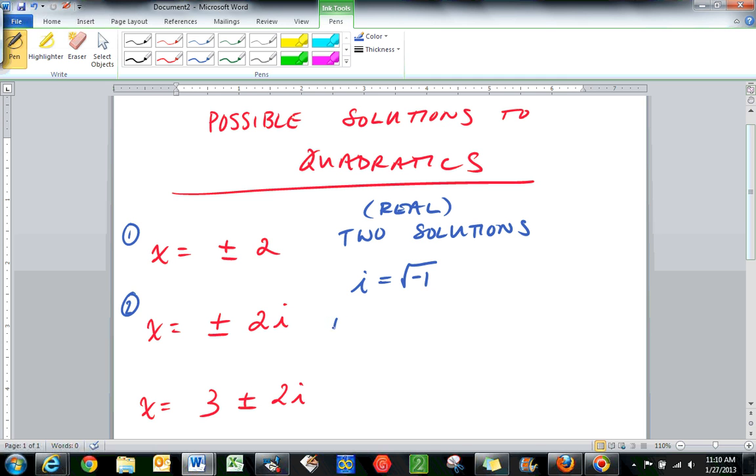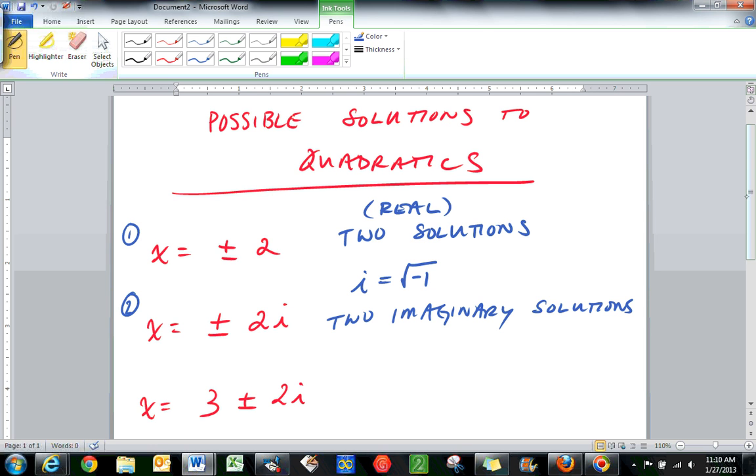And so this would be what we would call two imaginary solutions. And so then we understand that we could have two imaginary solutions and how that affects our graph and our x-intercepts and whether we can factor or not. So we learned a lot of connections there.